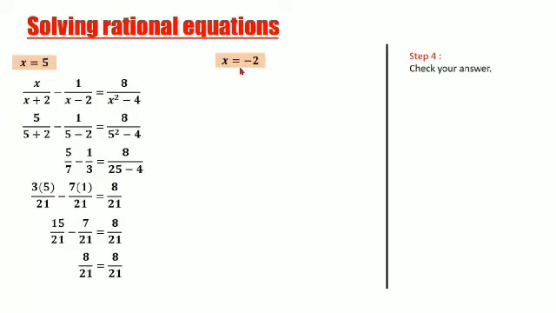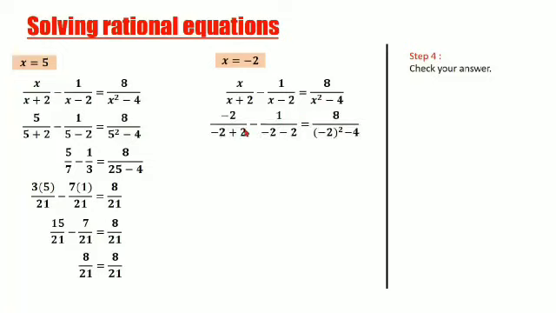For the next value of x, which is x is equal to negative 2, again, we will write our rational equation and then substitute negative 2, replacing all the x here. Squared minus 4.